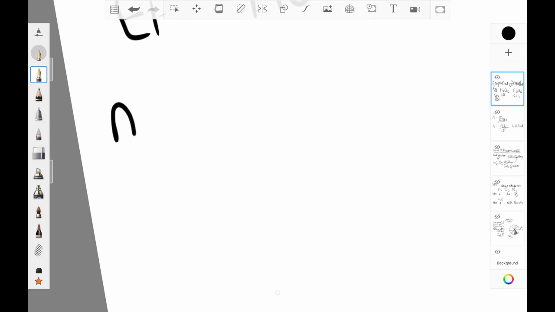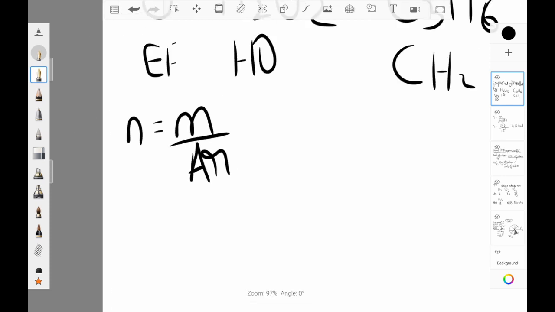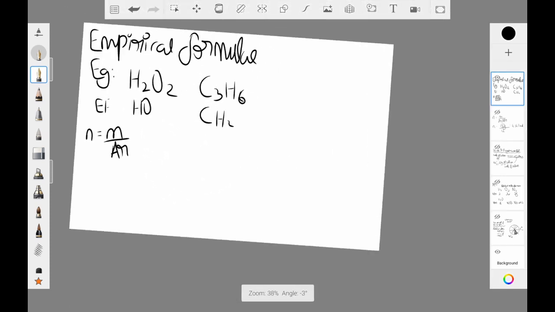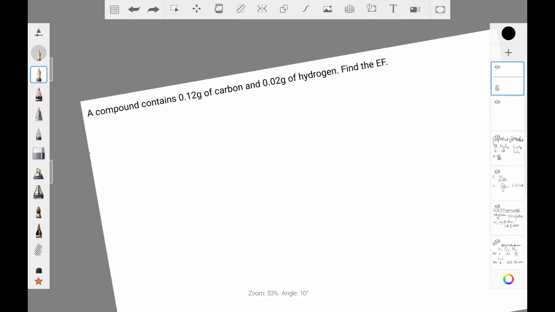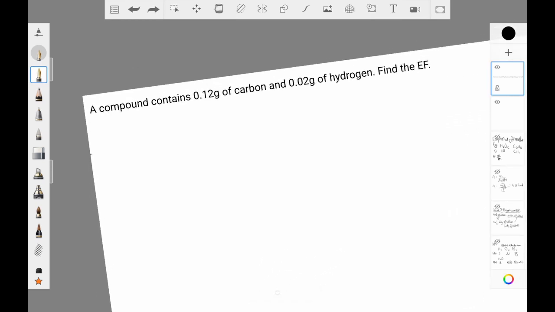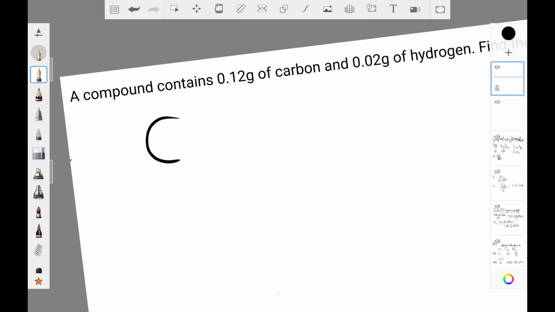But it's centered around the N equals M over AR formula from before. So the best way to explain it is using an example. As you can see from this example question, a compound contains 0.12 grams of carbon and 0.02 grams of hydrogen. Find the empirical formula. So first, you start out by writing down the elements in this compound, that's carbon and hydrogen.